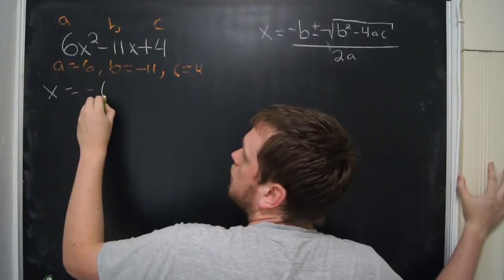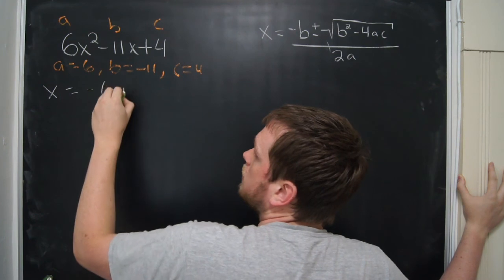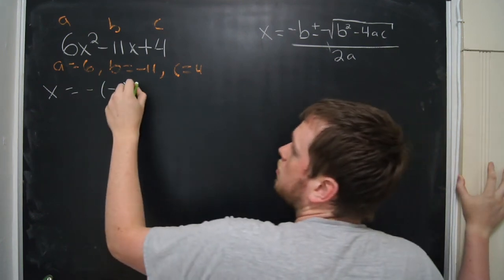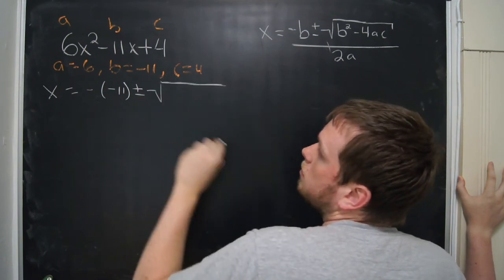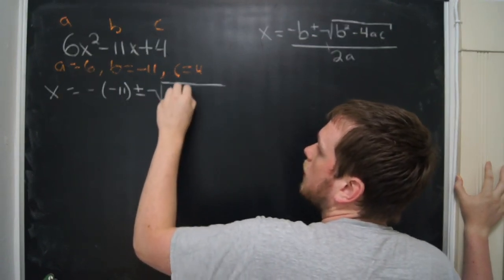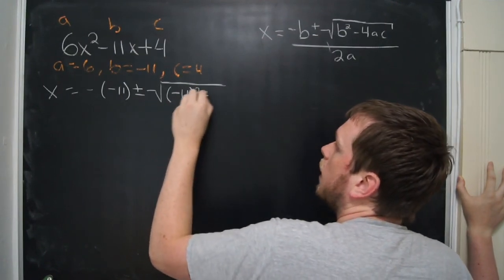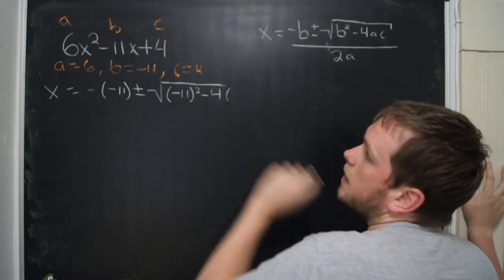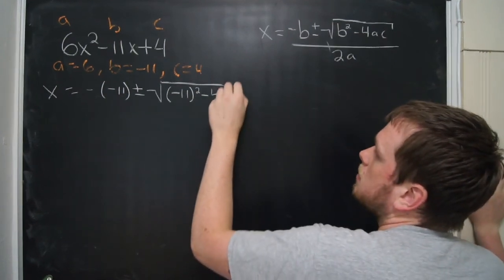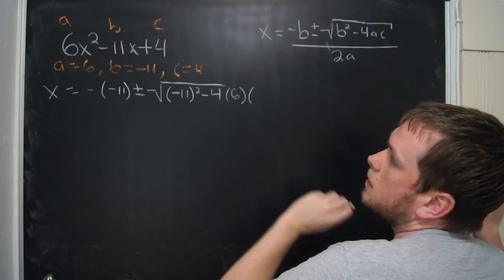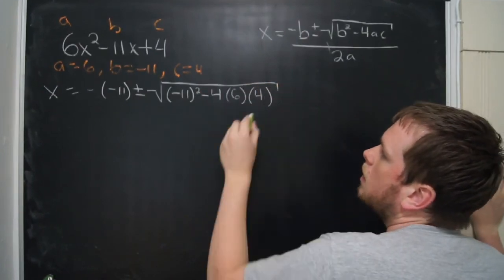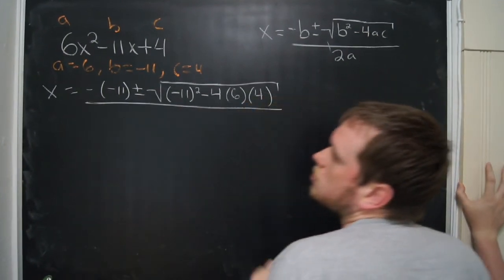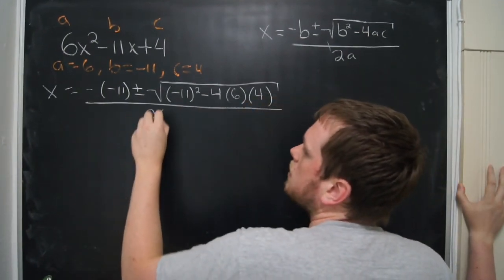So x is equal to negative b, which my b is negative 11, plus or minus the square root of b squared, so negative 11 squared, minus 4a, which is 6, times c, which is 4, and this is all under my square root here, all over 2a, and my a is 6.